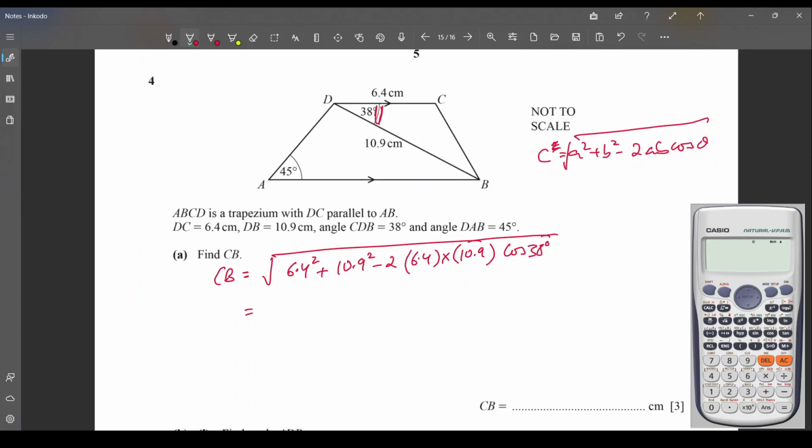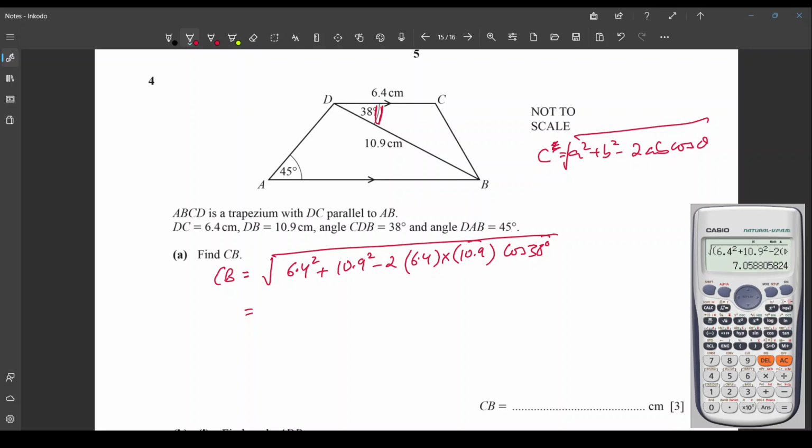So if I solve this in the calculator, I should get 6.4 squared plus 10.9 squared minus 2 times 6.4 times 10.9 times cos 38.